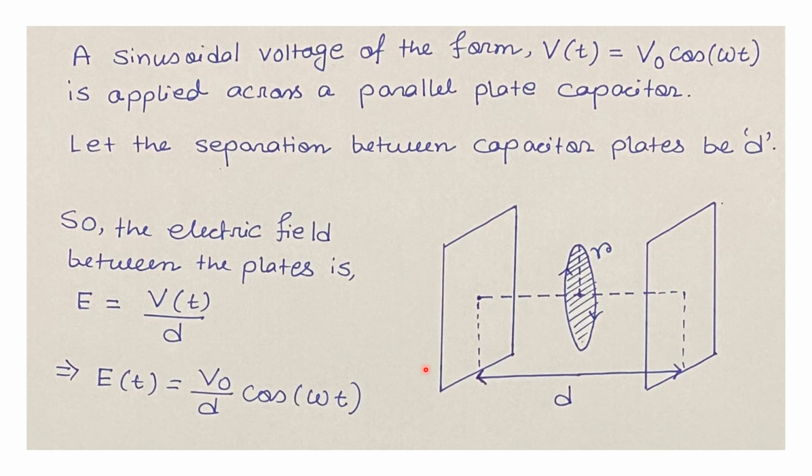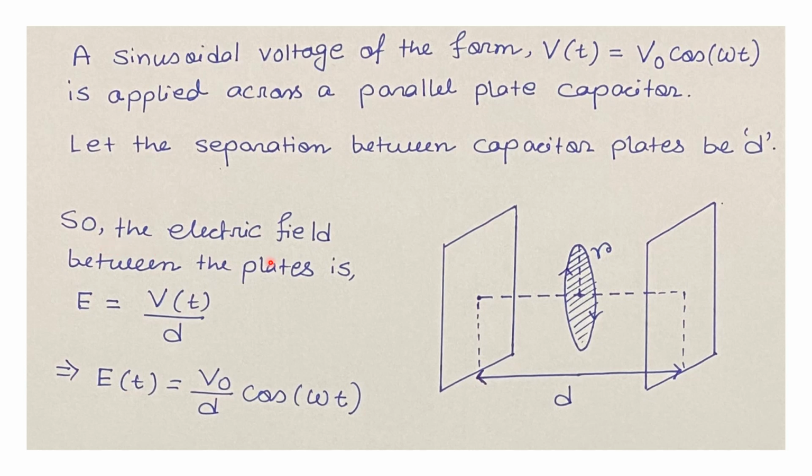It is shown in the schematic that the two plates of the capacitor are separated by the small distance d, and we have considered a small circular loop at the center having radius r, and the area of the loop is given by the shaded region here. So we will calculate the induced EMF along this circular loop.